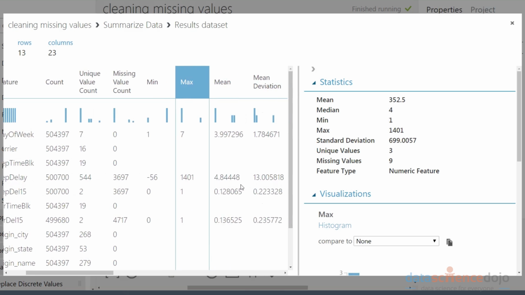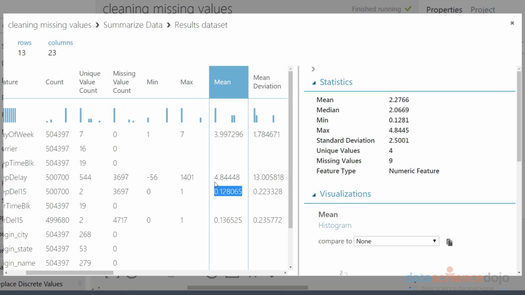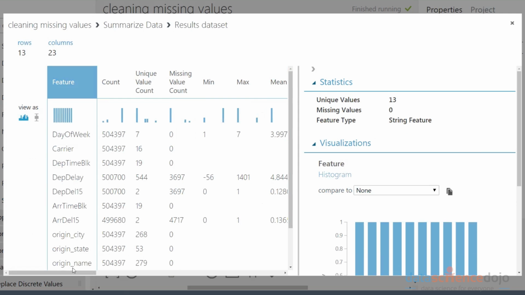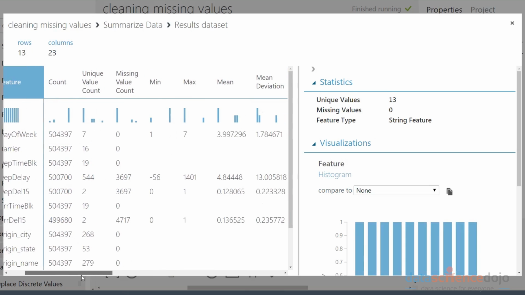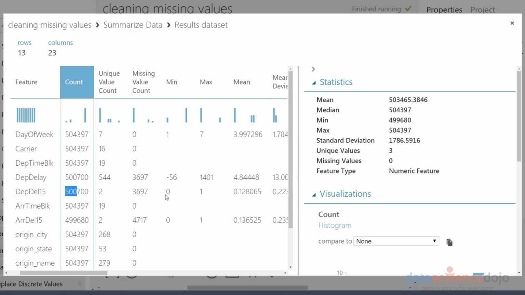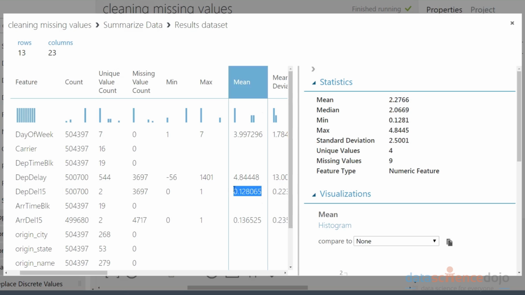The next thing is the next row, which is departure delay 15. The mean of that is 0.128, but the weird part is it's only between 0 and 1. So what this mean is measuring is, out of all the observations, out of 500,000 flights, the propensity of this column to be 0 or 1. This number is very close to 0 and very far away from 1.